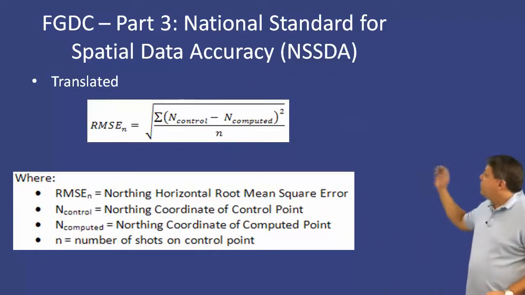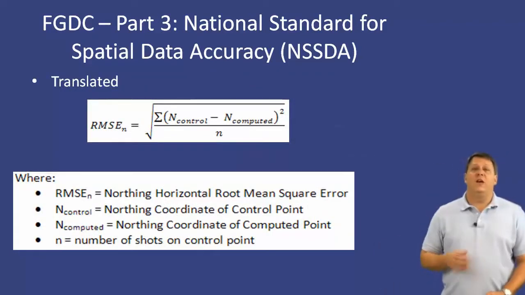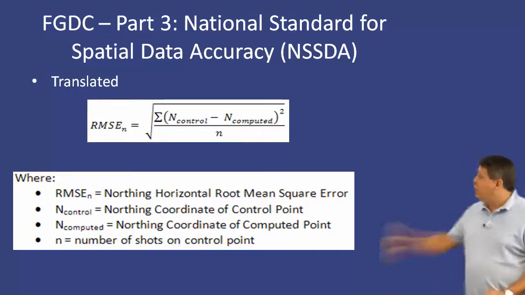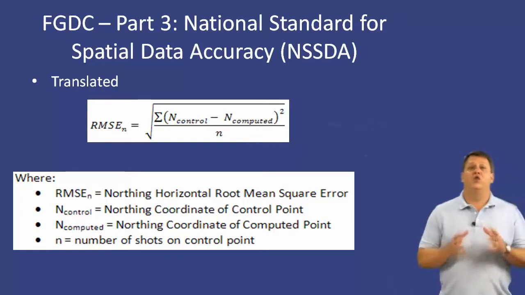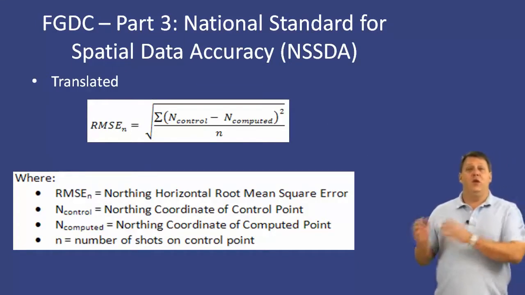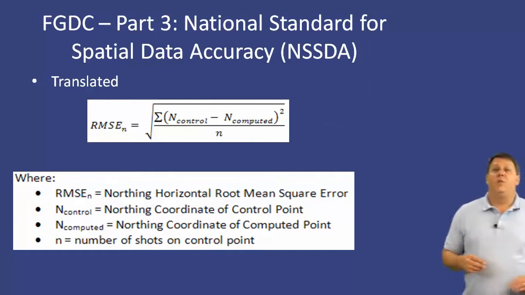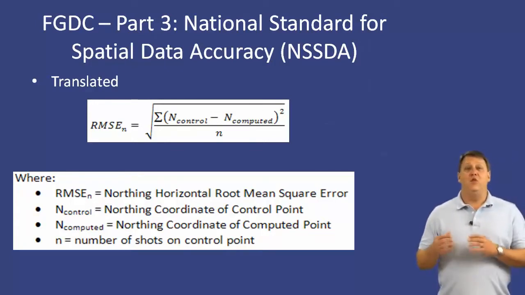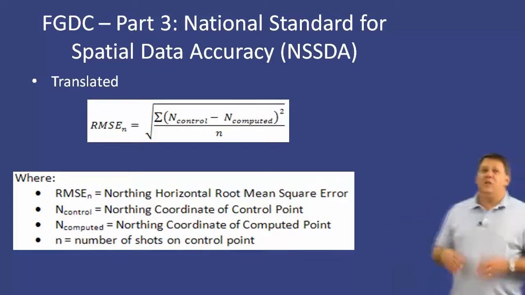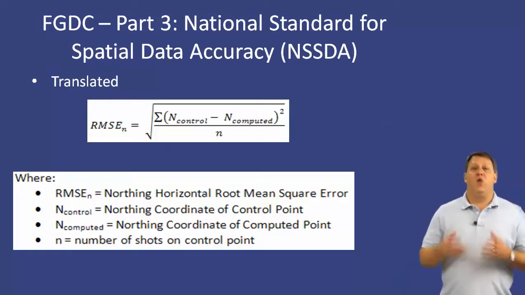For example, to compute your root mean square error in the northing, you will take the northing coordinates of your control point. You'll then subtract it from your northing computed coordinates. This comes from checking into your monument out in the field. We're going to have to check into our control point multiple times.